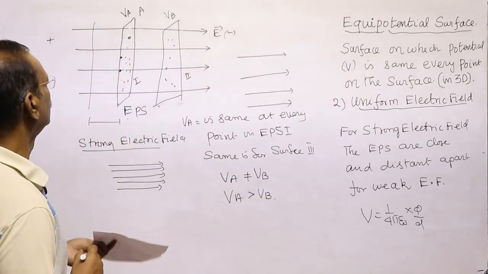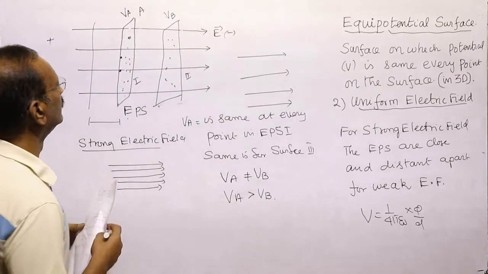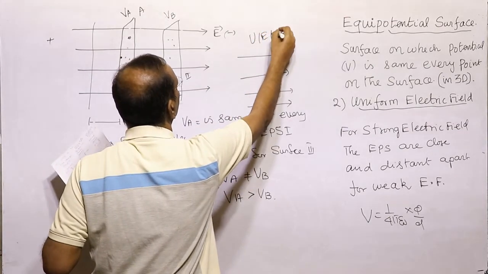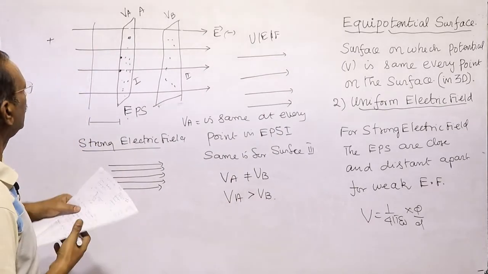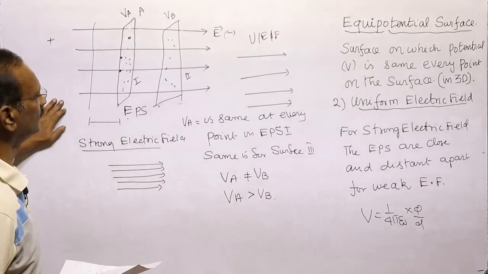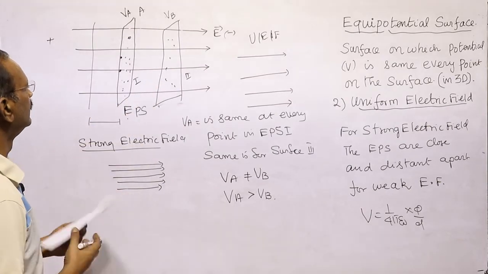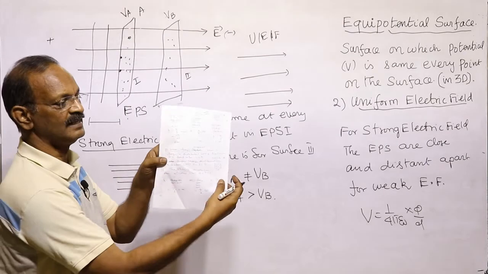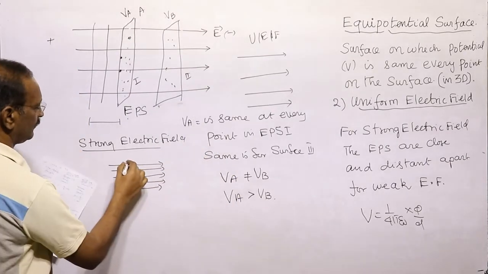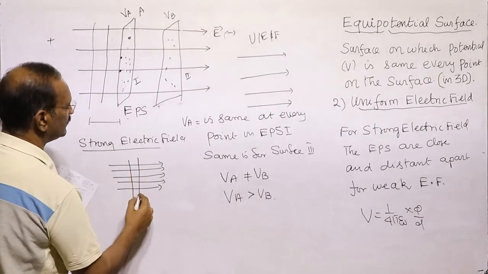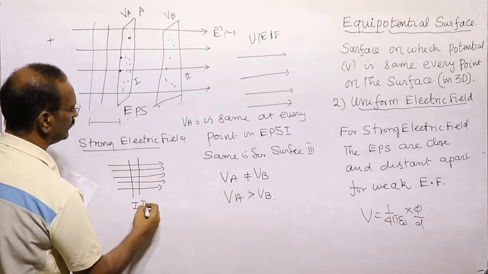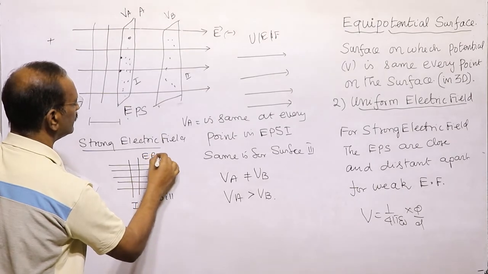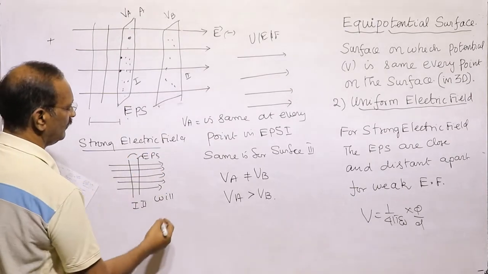If this is a uniform electric field, and if it is strong, then the equipotential surface, let us assume it like this, or surface 1. So instead of seeing like this, we will see like this. So for a strong electric field, the equipotential surfaces 1 and 2 will be closer. These both will be closer.